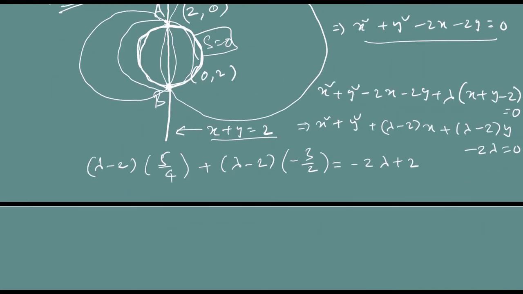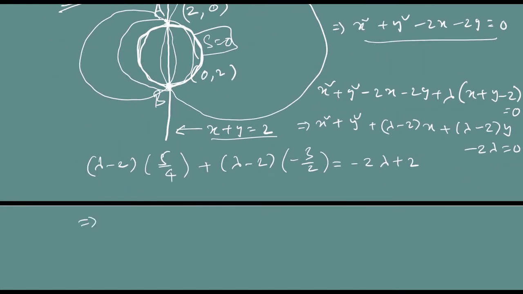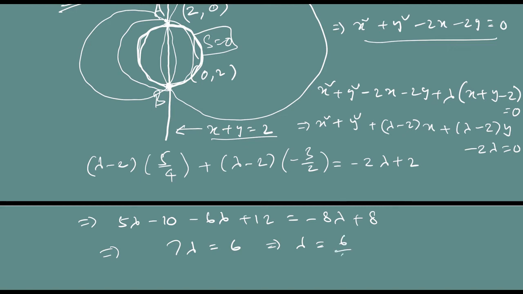Multiplying the equation throughout by 4, I get 5 lambda minus 10 minus 6 lambda plus 12 is equal to minus 8 lambda plus 8. Or from this I have 7 lambda equal to 6. Or I have lambda is equal to 6 by 7.